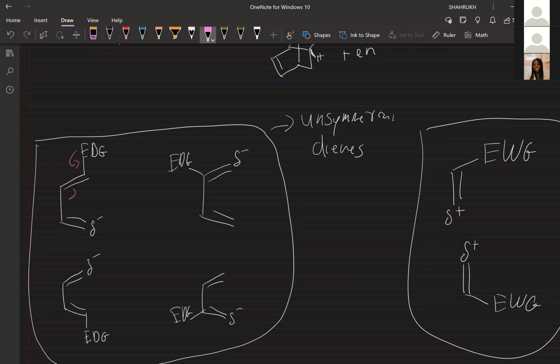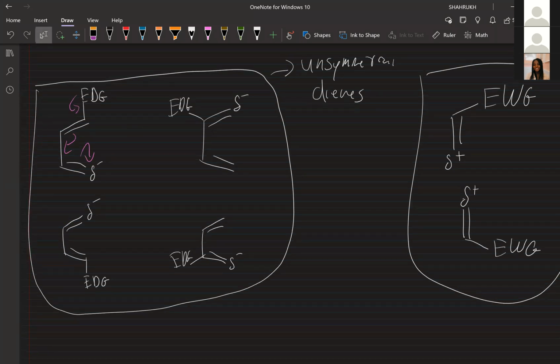Here this will push here, and it'll make the carbon opposite of it partially negative. If we draw a resonance structure, if this was an OH group, you push one set of electrons in, and the carbon on the opposite end has a negative charge. So we could say that carbon is more partially negative.